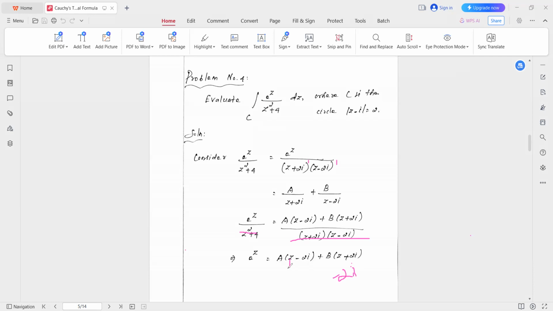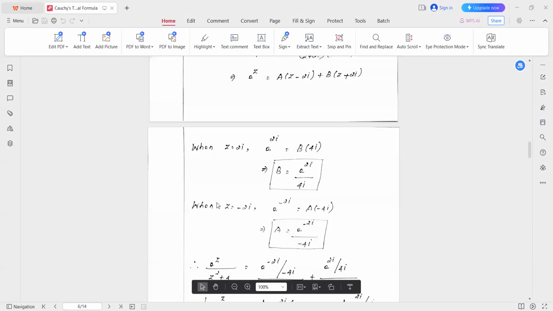If we substitute 2i in the place of z, this will become 0 and that part will be omitted, so we get the value of B. So if we substitute z equal to 2i, A will vanish and we get the value of B. If we substitute z equal to minus 2i, B will vanish and we get the value of A.